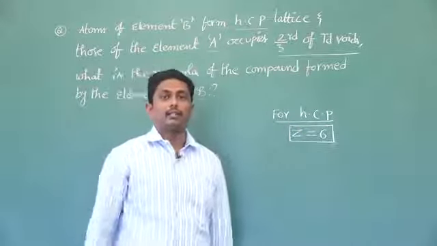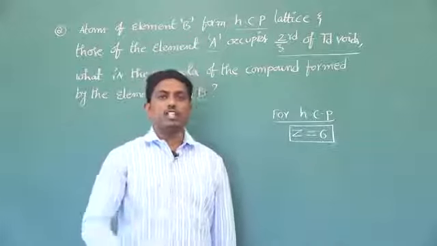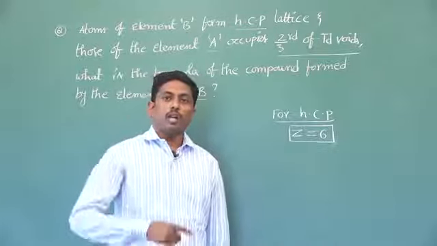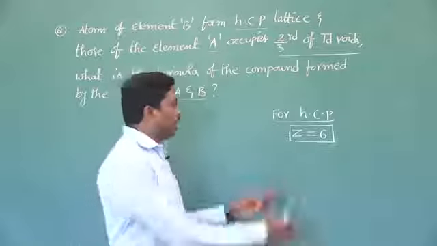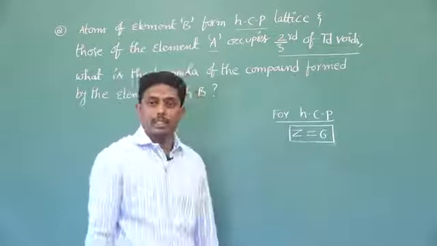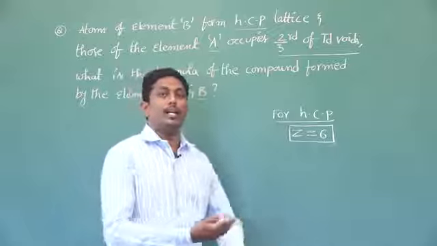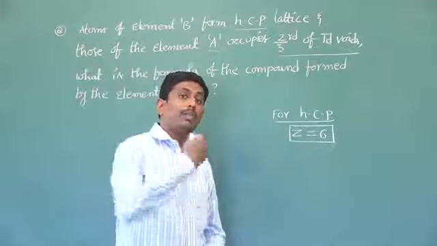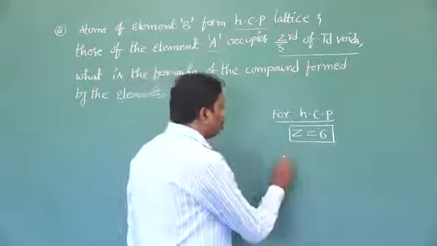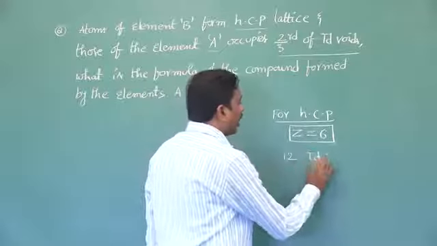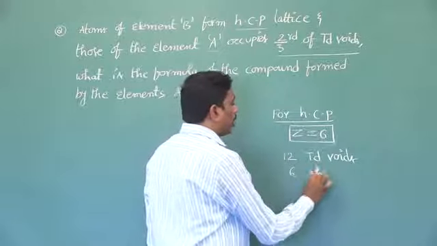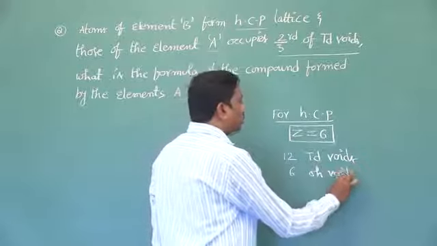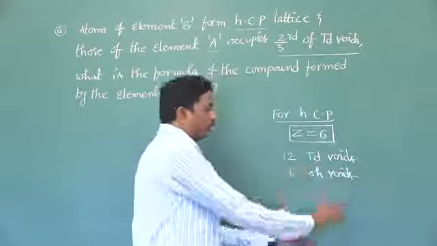And I said that for every one particle, one sphere, one octahedral void and two tetrahedral voids are possible. So in HCP, 6 spheres are there. So how many tetrahedral and how many octahedral voids? Double the number of tetrahedral voids. So 12 tetrahedral voids and 6 octahedral voids are possible in HCP. So this you need to remember.